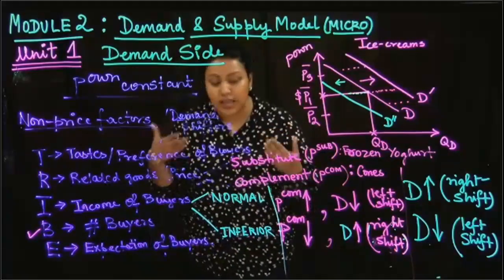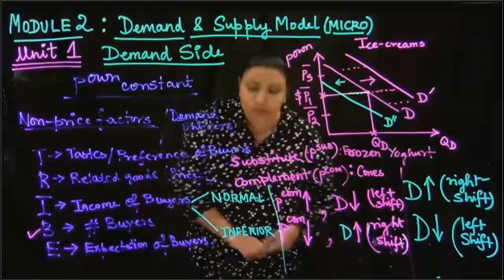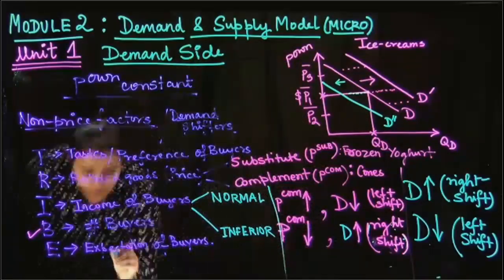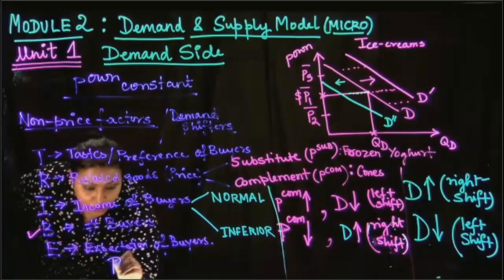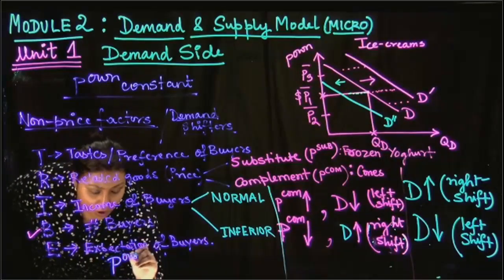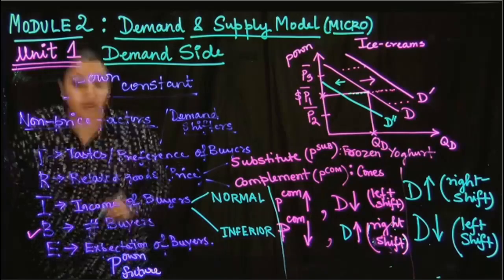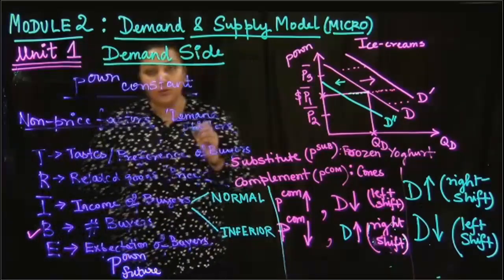Now, what is this expectation about? Please note that we are talking about the expectation of buyers, and we are talking about the expectation about own price in the future. So please be clear about this. Do not be confused.